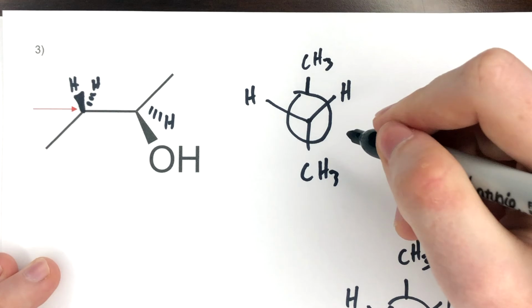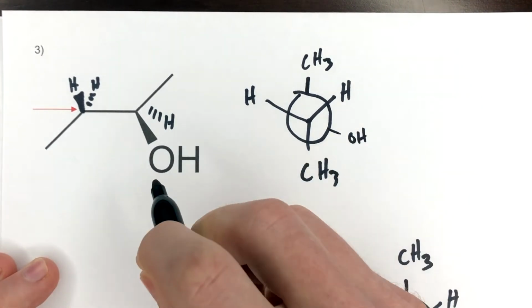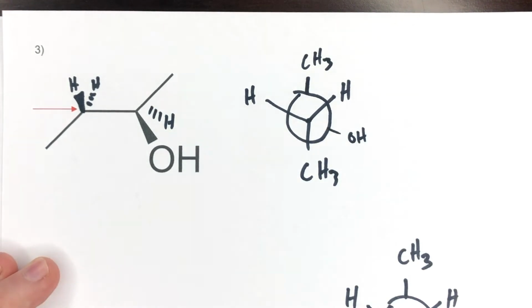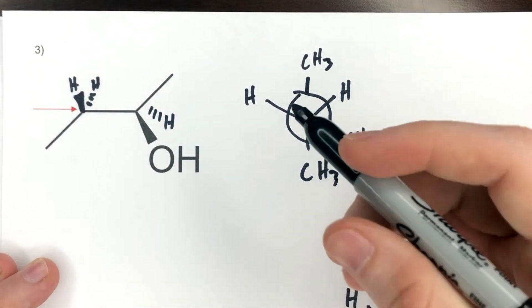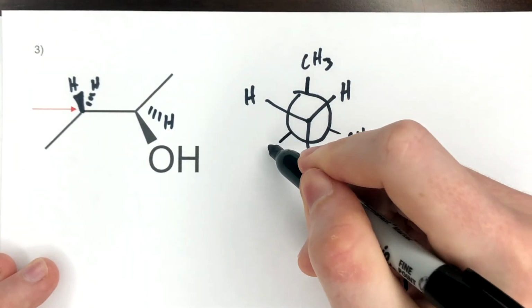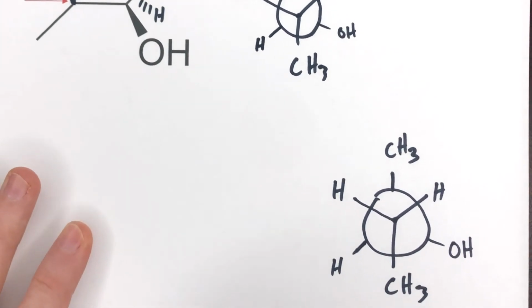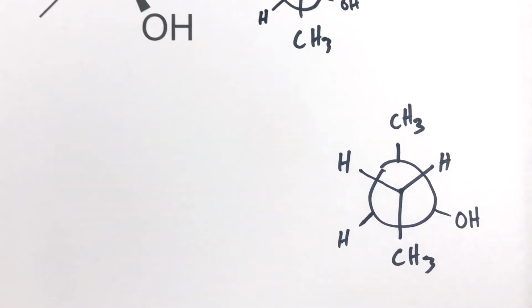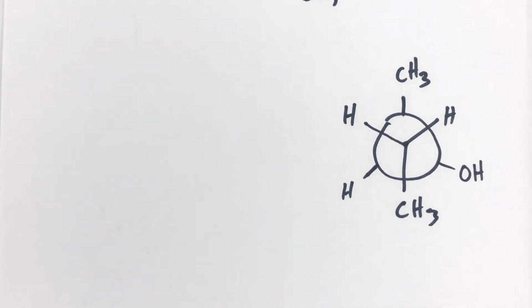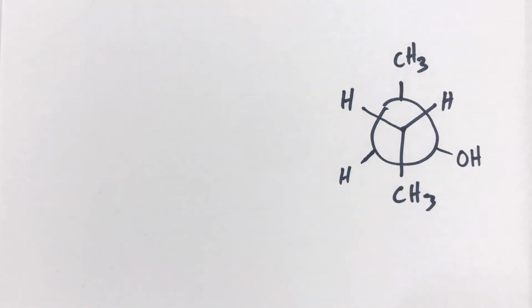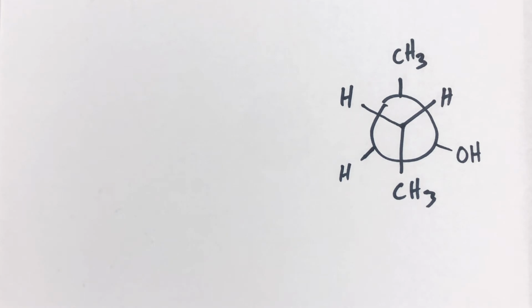And then our OH would be to the right because it's out of the plane. And as we rotate it that way to 60 degrees that way, put the OH out of the plane and to the right. And then the hydrogen that's in the plane is to the left. So again, that is the same. And then again, the relative stability depends entirely on which gauche interaction is worse, the methyl OH interaction or the methyl-methyl interaction.